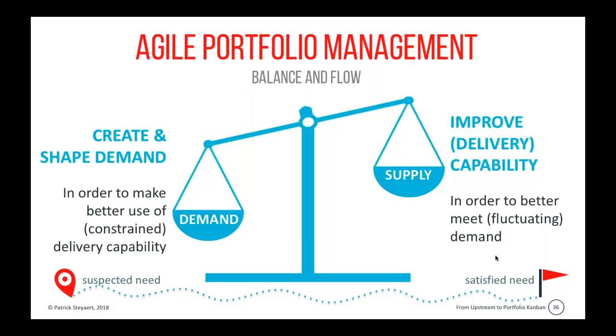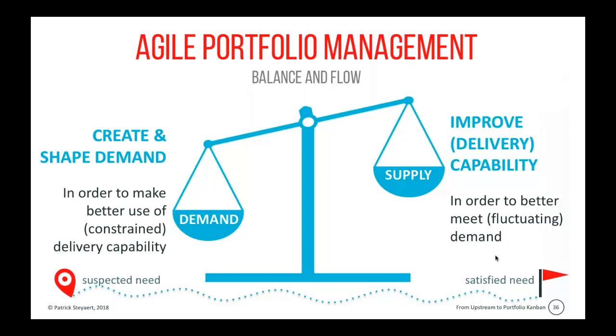More than that, we know that demand is fluctuating, so we need to be prepared for fluctuating demand, for example by increasing the liquidity in teams so that they can better adapt to changes in the fluctuation in the demand. But there's a limit to how well a team or an organization on the supply side can adapt to fluctuation in demand.